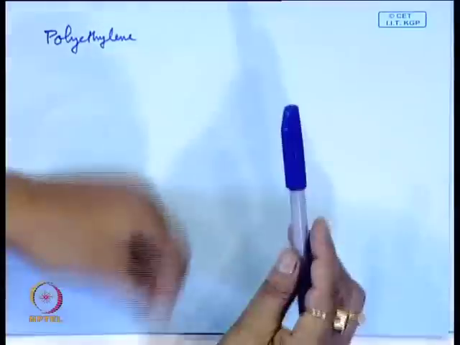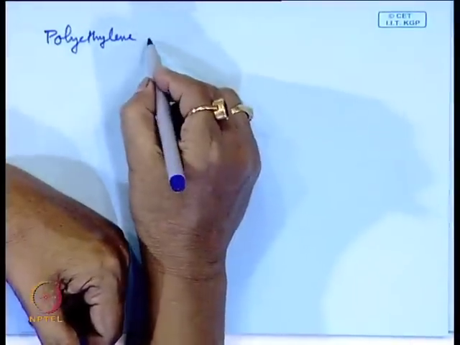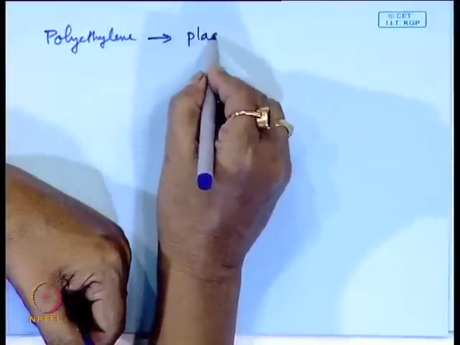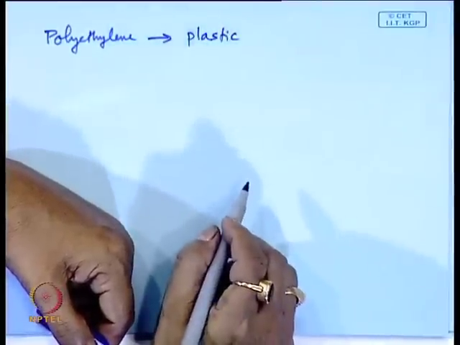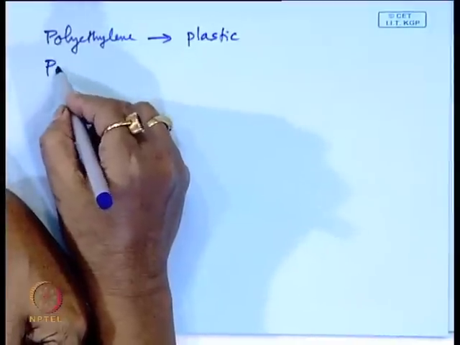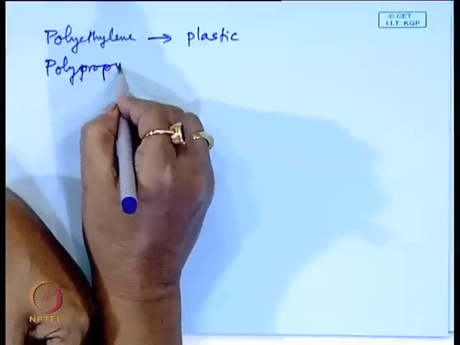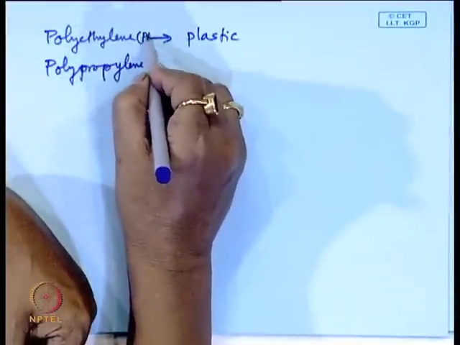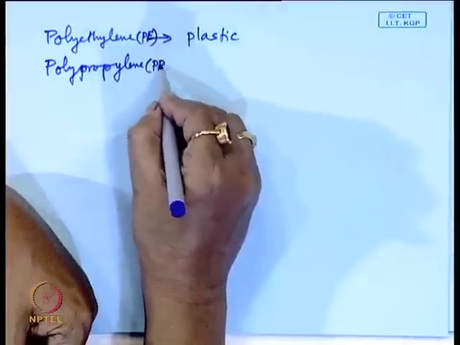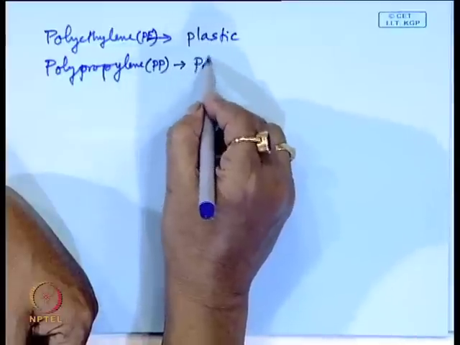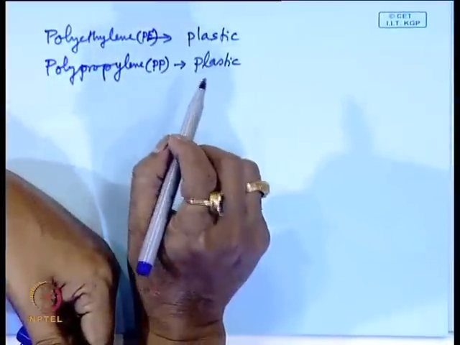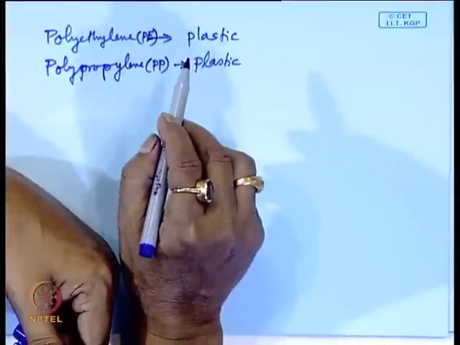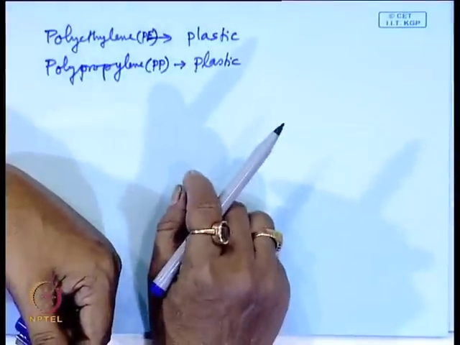Now, since I have told you this example of polyethylene, polyethylene is termed as a plastic material. Polypropylene is also a plastic material. Suppose you have these two polymers, polyethylene and polypropylene, you need a rubber. Plastic is not like that of rubber, that is a different kind of material having different set of properties. If you want to make a rubber, what you have to do?